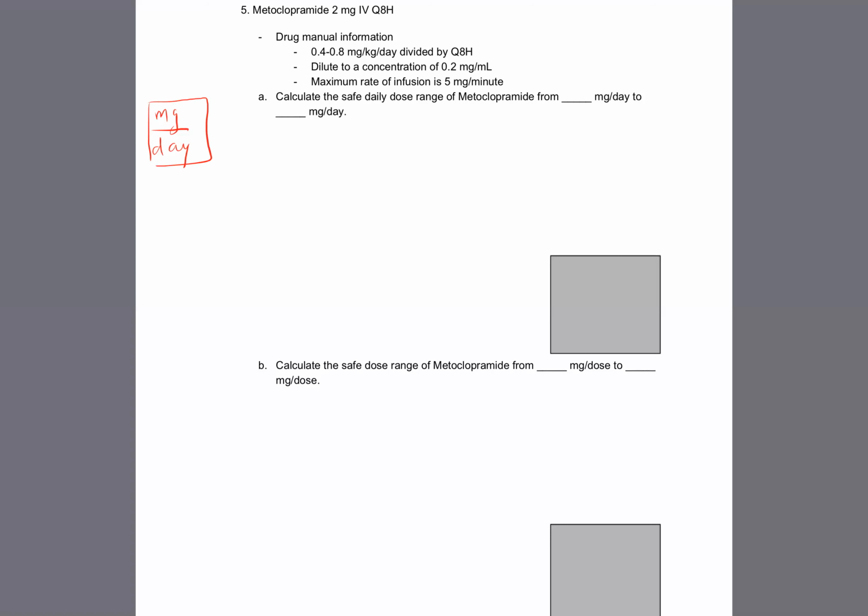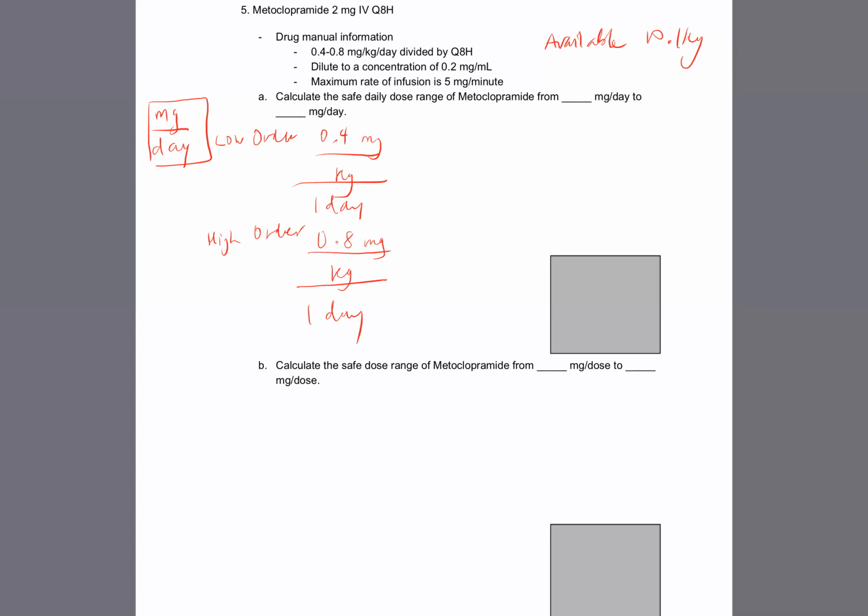And we're going to start with what's available, the patient's weight, the order, our low, and our high, because it's a range. So we're going to have 0.4 milligrams per kilogram per 1 day and 0.8 milligrams per kilogram per 1 day.